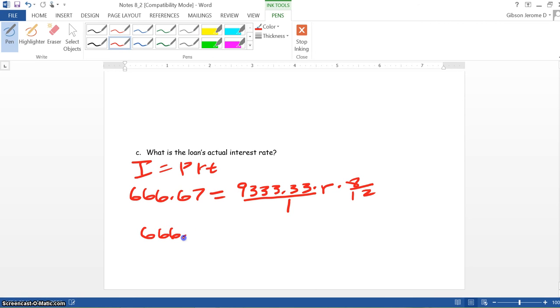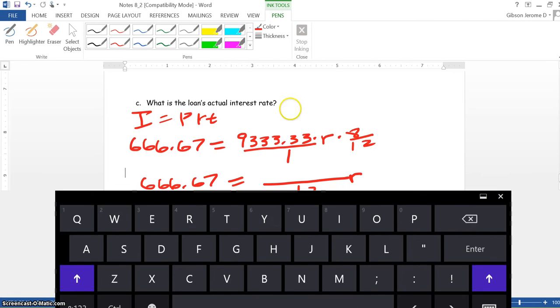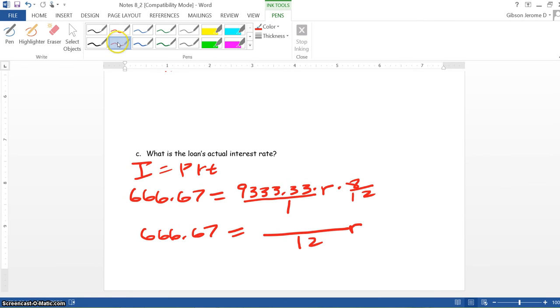We have 666.67 is equal to, now we would take this 9,333.33 times 8, and we know that that's going to be divided by 12 and multiplied by R. So when we multiply, we actually would get $74,666.64.